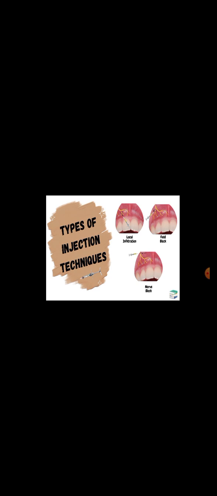Next, come to the different injectables. Among the injectables there are many types. We are using injections to do local anesthesia. The initial types are infiltration anesthesia, field block, and nerve block.